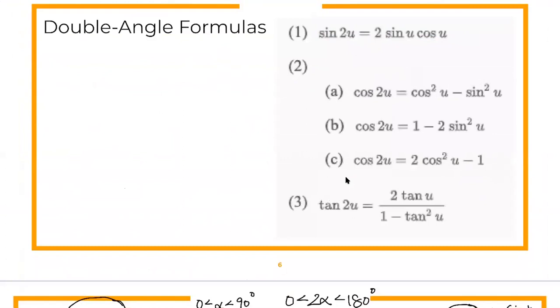If I look at the 3 variations, this one has a sine in it, this one has a sine in it, but this last one has only cosine. I'm going to use the last one because the other side of the equation doesn't have any sines, so why would I pick something that's going to introduce other things I don't want? Everywhere I see a cosine 2u, I'm going to replace it with 2 cosine squared u minus 1.